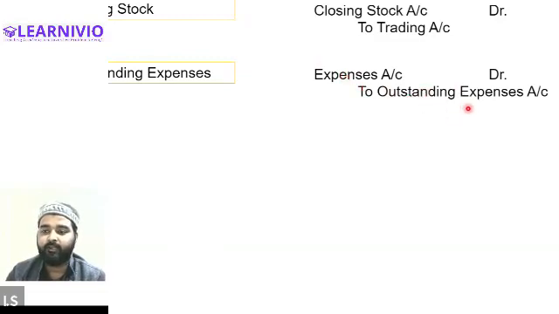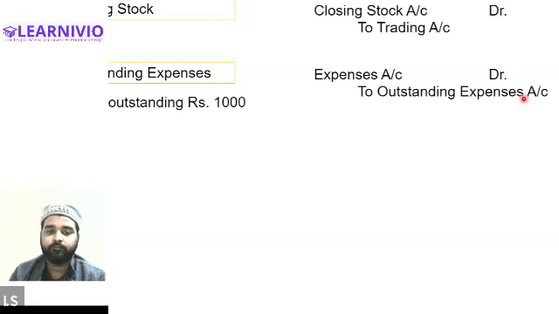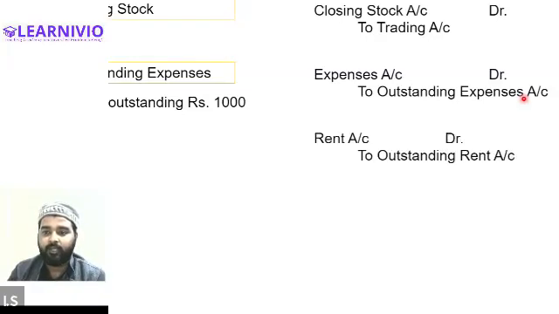Therefore, we have credited the liability account by the name of outstanding expense account. Let me give you an example. Let's suppose there is an outstanding rent of rupees 1,000. What is going to be the general entry for outstanding rent? The general entry will be rent account debit to outstanding rent account.